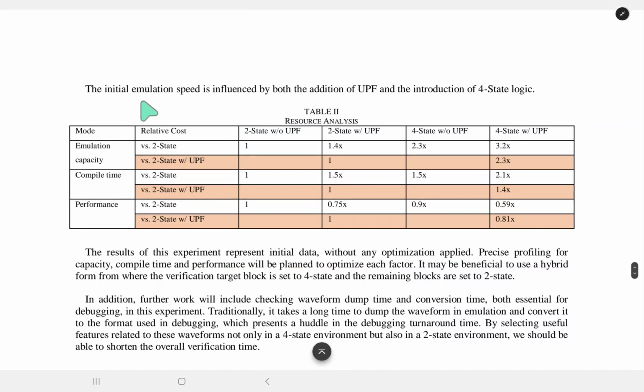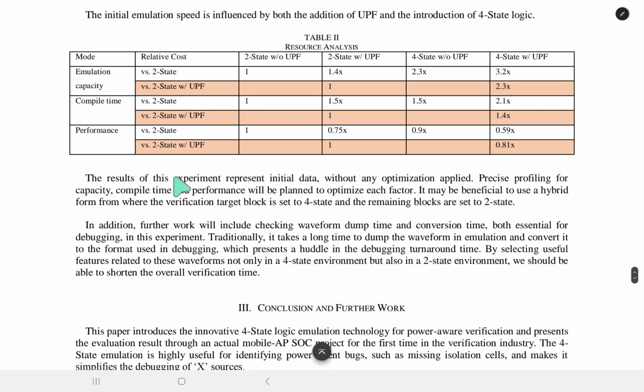The initial emulation speed is influenced by both the addition of UPF and the introduction of four-state logic. Table 2, Resource Analysis. The result of this experiment represents initial data without any optimization applied. Precise profiling for capacity, compile time and performance will be planned to optimize each factor.